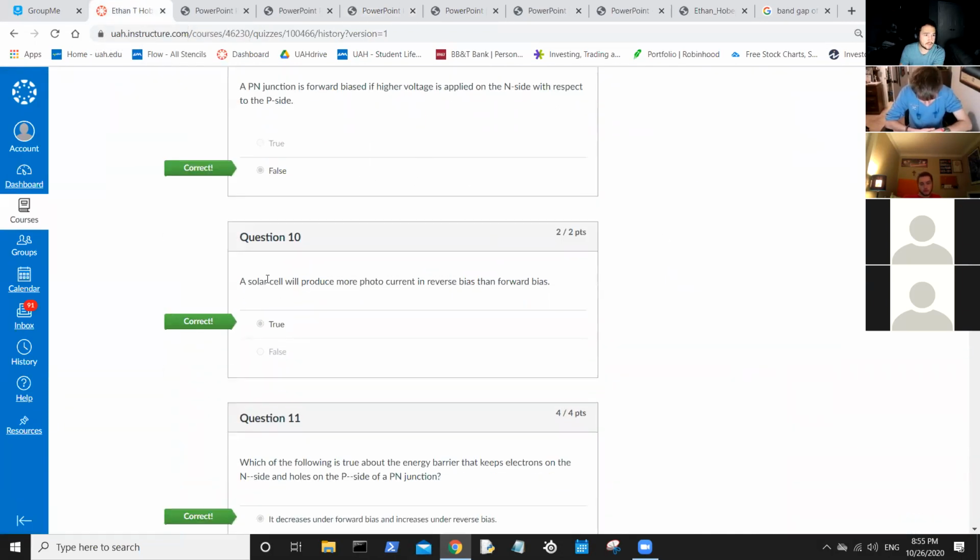That was that. A solar cell will produce more photocurrent in reverse bias than forward bias. He said this in lecture, and this is true. Why is this true? Well, when you're in forward bias, your resistivity is low, your depletion region drops, your electric field drops. Because the electric field generated in a PN junction is generated to oppose a current flowing.